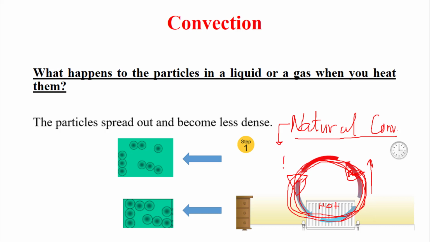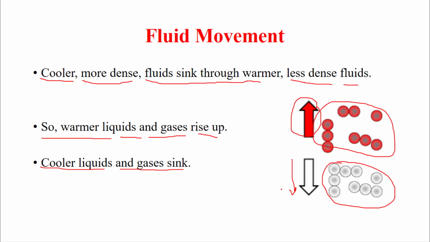When the density becomes higher, it will sink down through the warmer fluids. So this one floats upward and this one sinks downward, the one with higher density. So hot fluids become lighter, and cooler fluids become heavier. We call it buoyancy, and this is classified as natural convection.